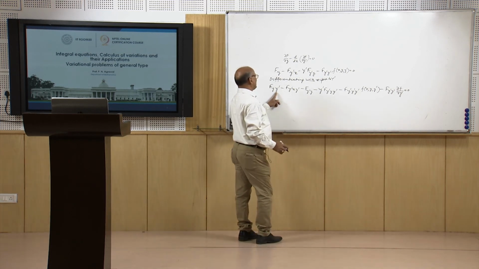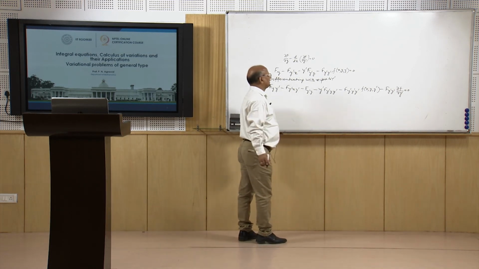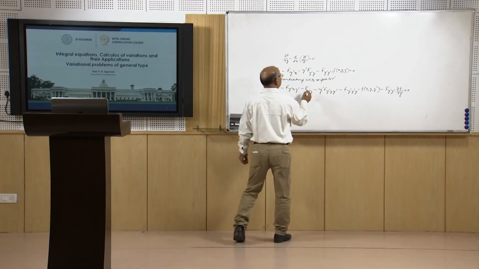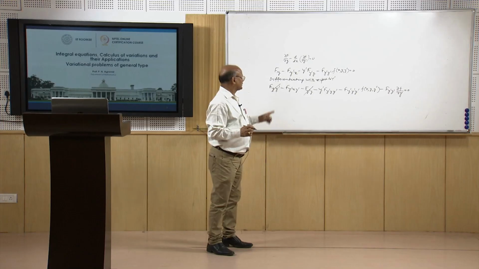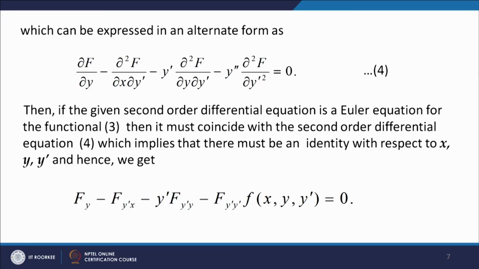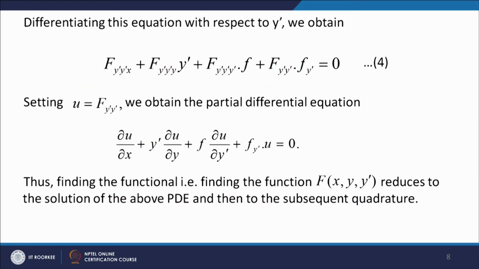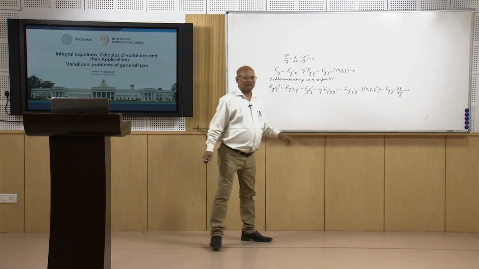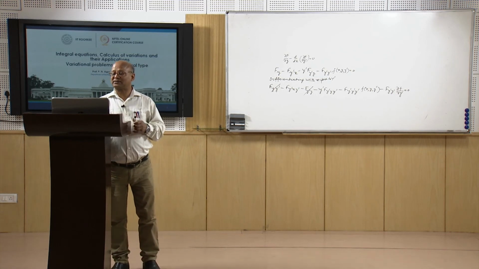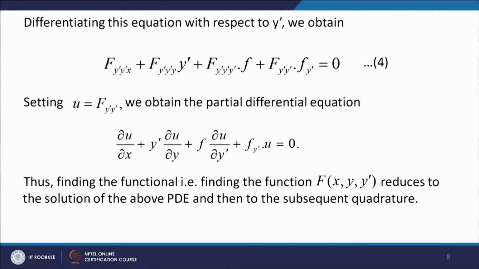Now f_yy' is the same as f_y'y, assuming continuity of second order partial derivatives here. So this will cancel with this, and we arrive at the equation f_y'x + f_y'y y' + f_y'y' f + f_y' f_y' = 0.